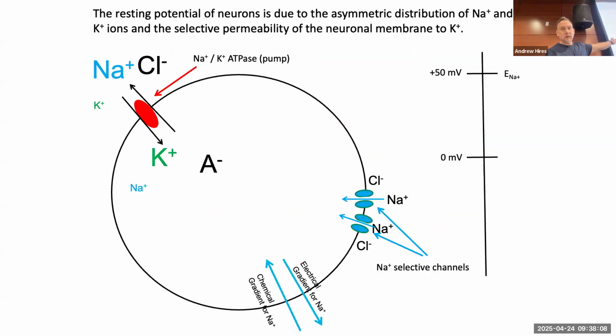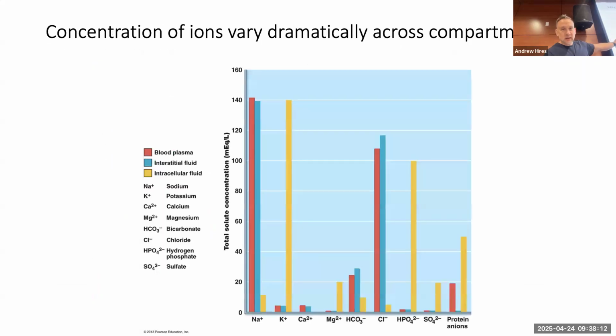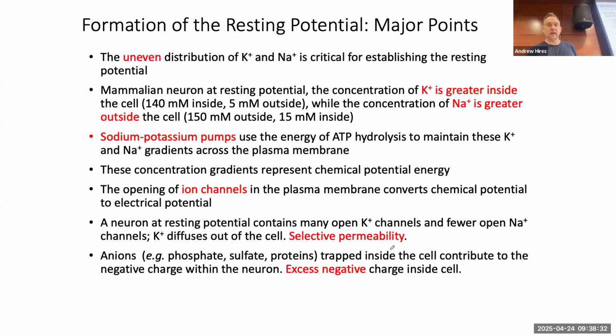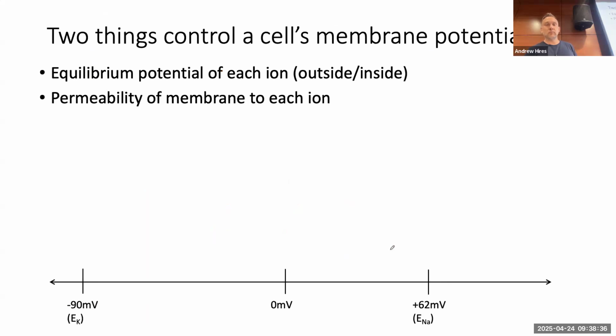Let's just estimate it. Looks like chloride is around 120 outside in the interstitial fluid and maybe 5 inside. So 120 outside divided by 5. What does that give us? 1.38.